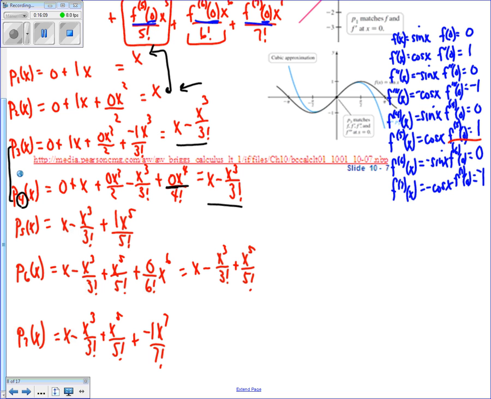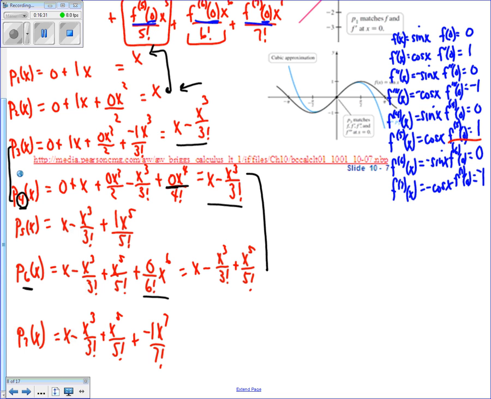Those are both degree 3, but the order of the polynomial is order 4. The order will include that order derivative, just like the sixth one will include the sixth order derivative term, even if it comes out to be a fifth degree polynomial.